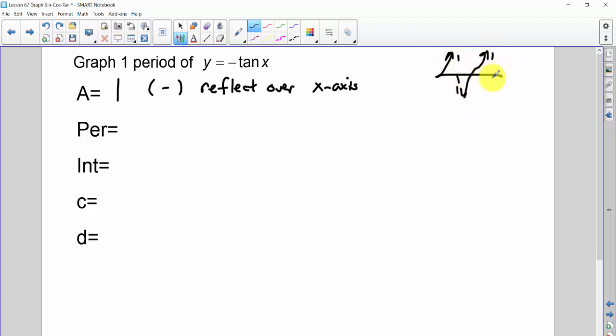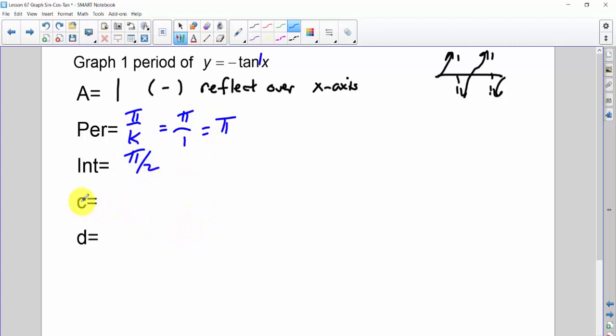And again, this was a graph of 2 periods, not 1. We're only going to graph 1. Period is pi over k, and we know our k value is 1. So our period is pi. Intervals, we're going to keep those at pi over 2 for right now.